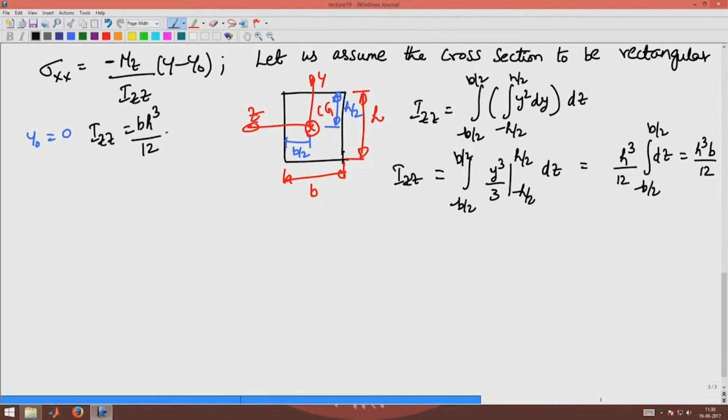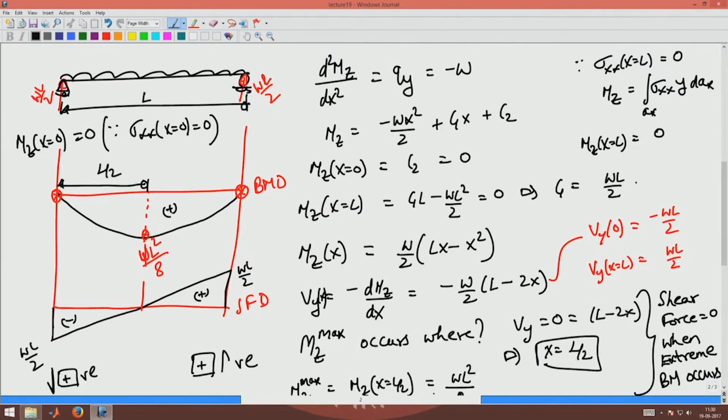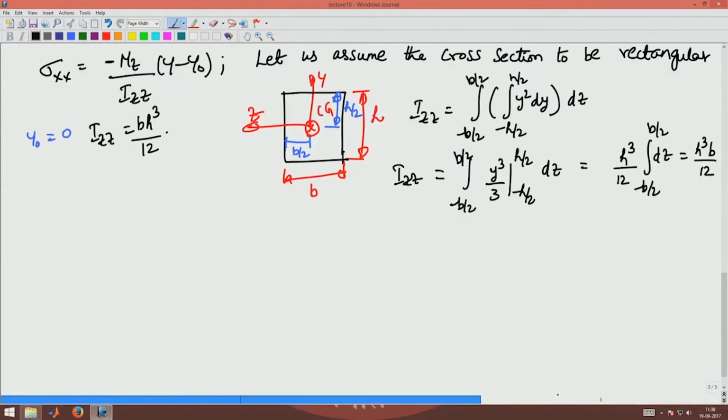From the previous derivation we got Mz to be w by 2 into (Lx minus x square). So sigma xx is now given by minus w by 2 into (Lx minus x square) divided by bh cube by 12, into y.